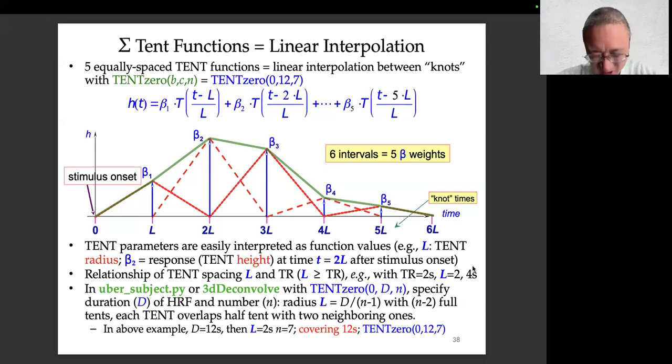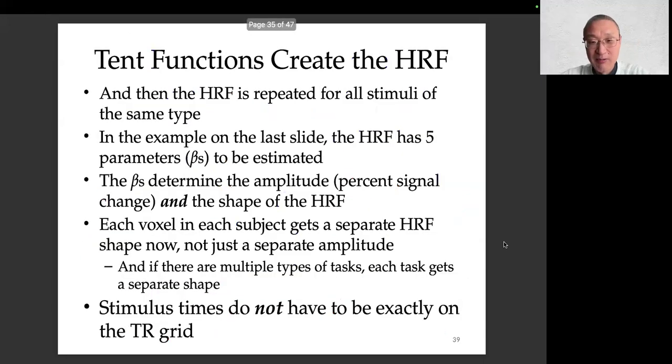That's why the field is mostly stuck with the canonical HRF, but there are ways to handle the complexity, and that can help us substantially improve the detection sensitivity, which we'll cover later.